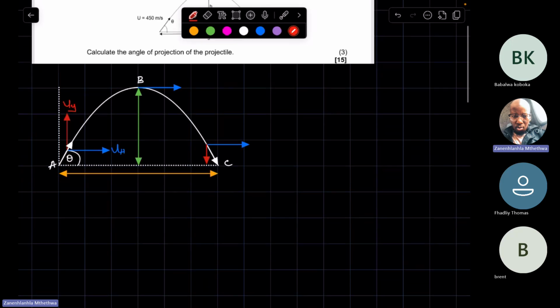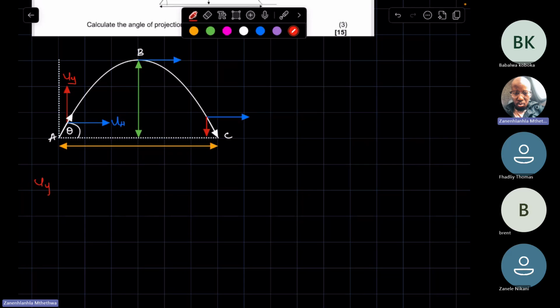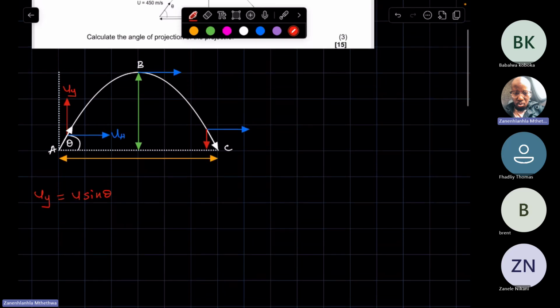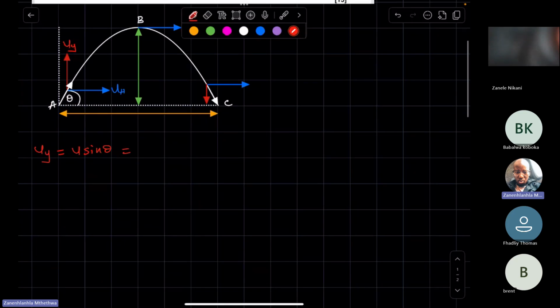Now, uy, being the vertical component, is going to be equal to u sine theta, and u here we are given is 450. So essentially this is 450 sine theta.